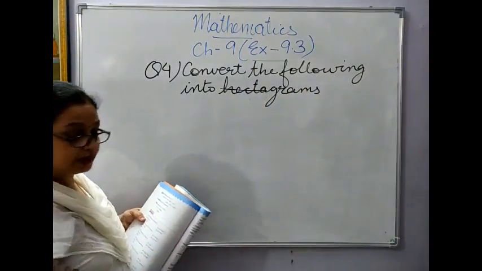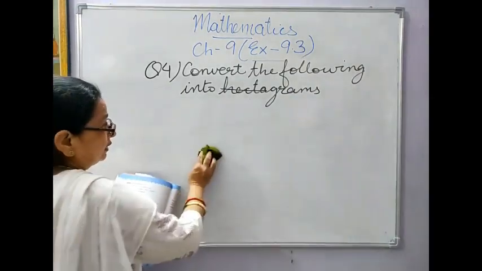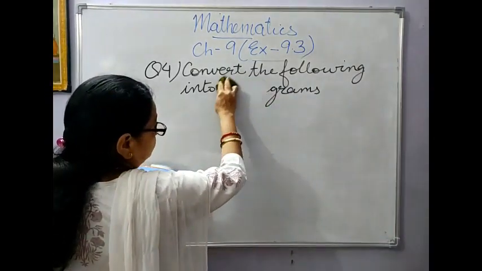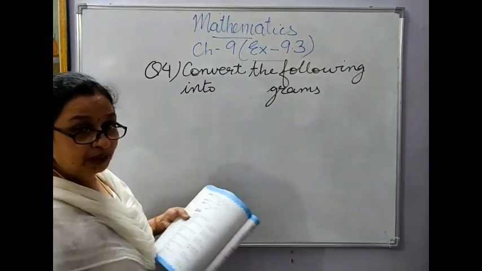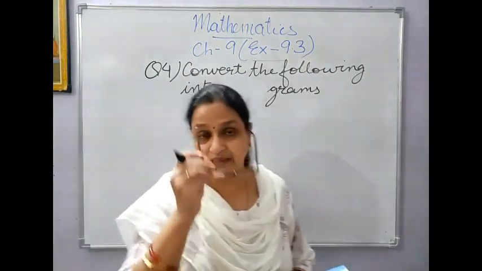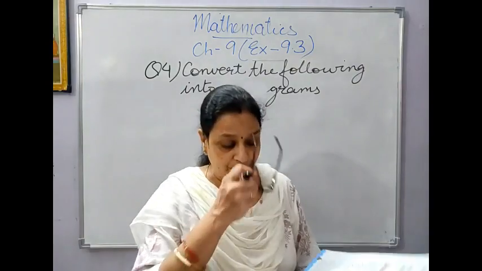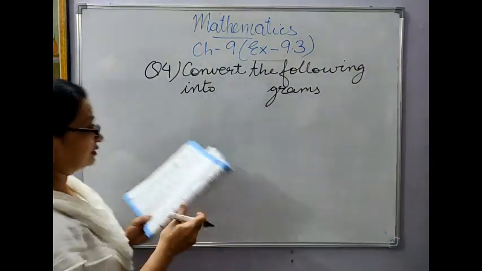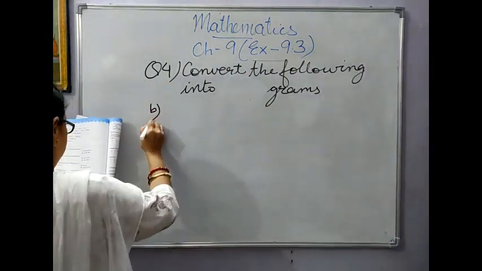So it is only convert the following into grams. You can do it in your book. As I have already told you that whenever you come for the maths class, you have to carry the book with you. And in this I will be doing sum number B and D.